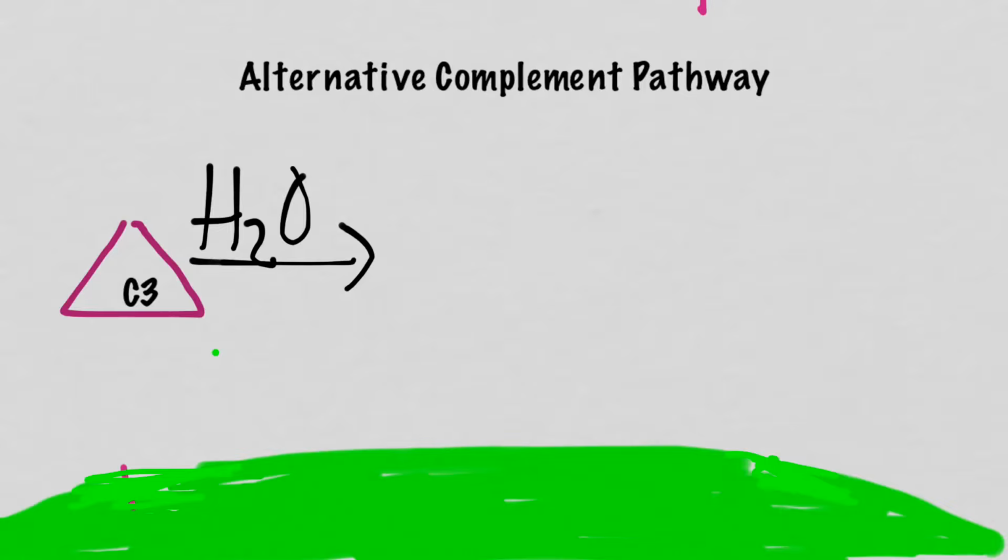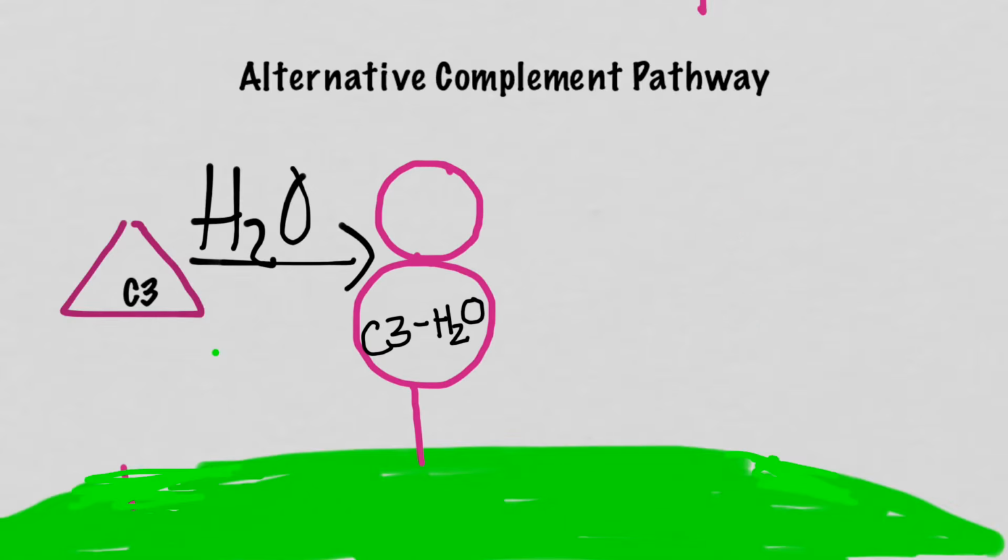What happens is that this causes the formation of a new molecule called C3H2O. This happens at a very, very slow rate. It's happening right now in your own body. That C3 is being converted to C3H2O as water seeps into the C3 molecule.